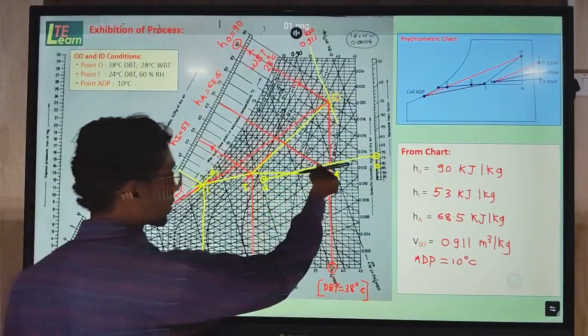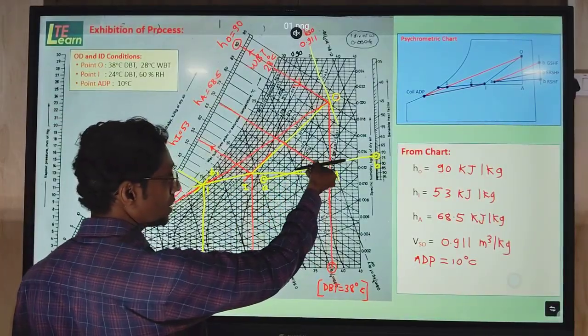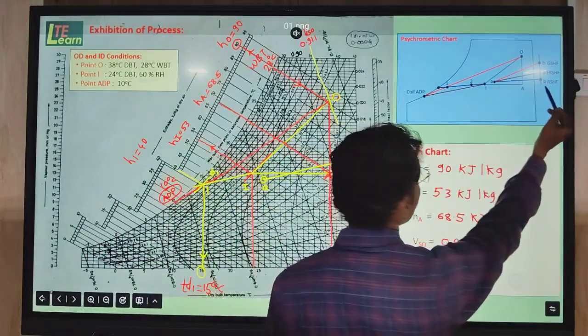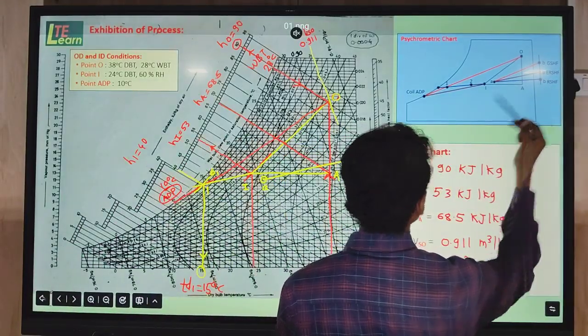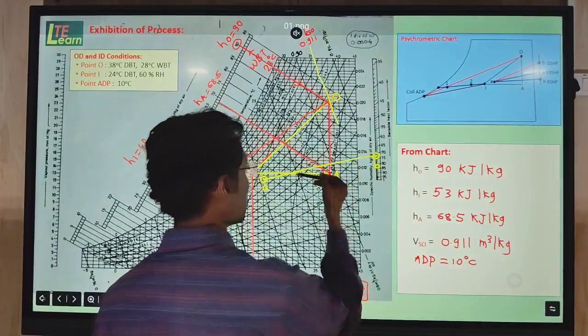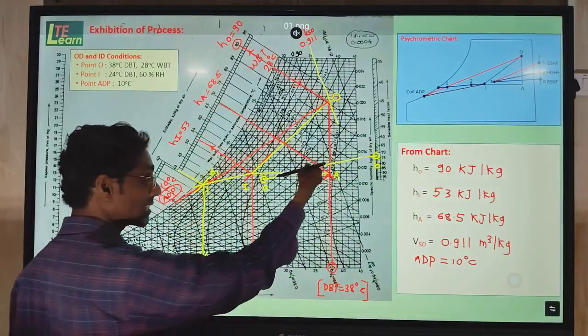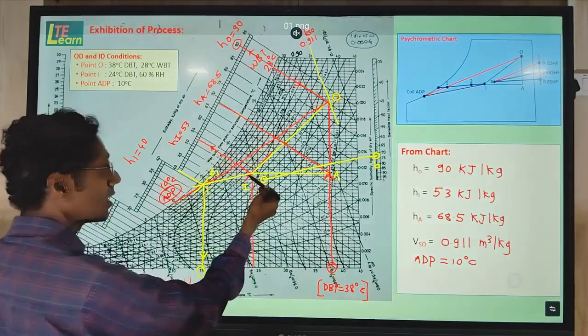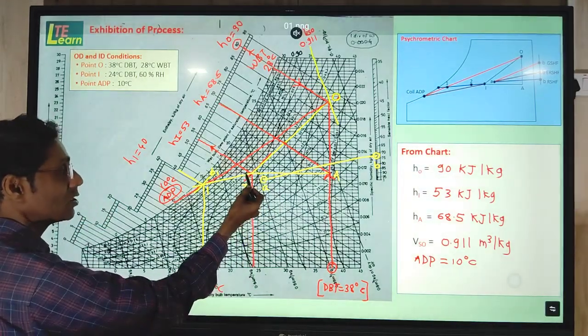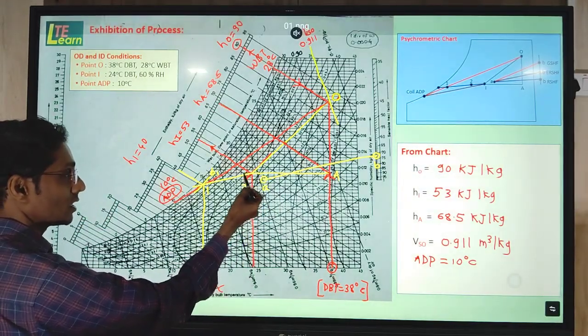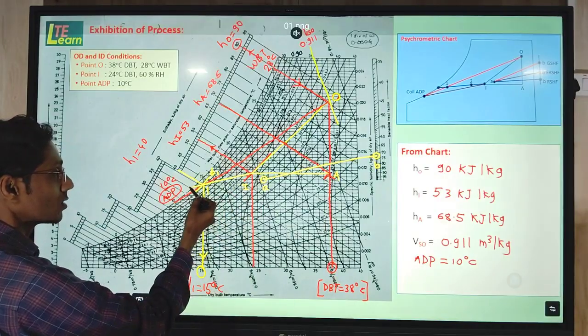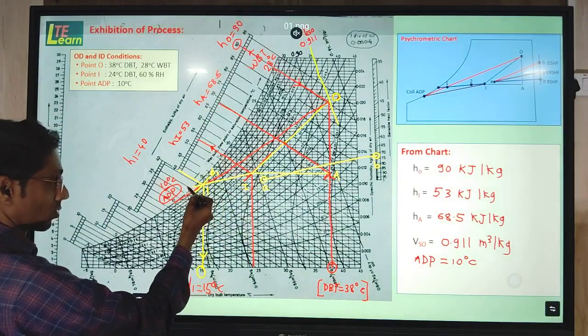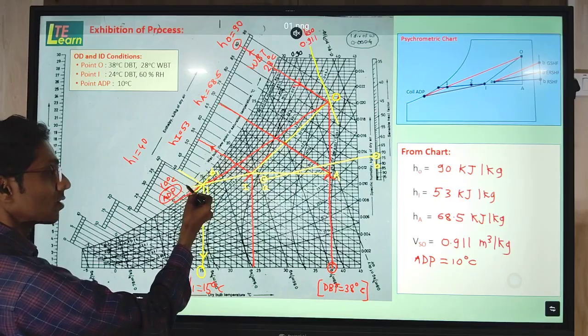So here the line AB, the room sensibility factor line, is shown in yellow color. To this line we draw a parallel line through point I, that is the indoor condition point. This line we draw up to the saturation curve, the 100% relative humidity curve.